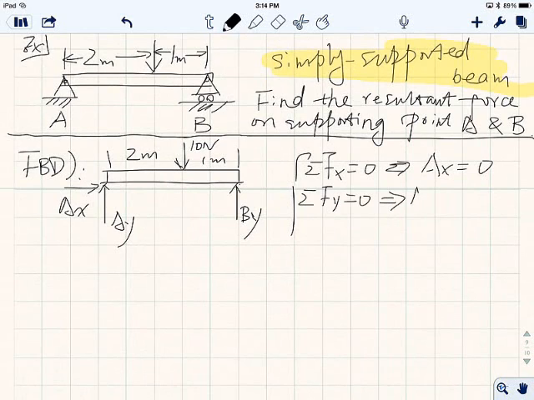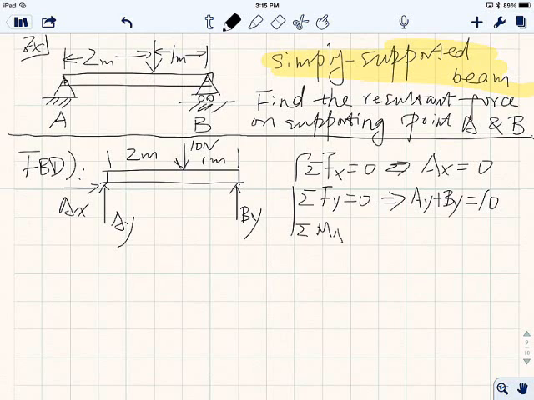Therefore, we know AY plus BY should equal 10, because AY and BY are going up and 10 newtons is going down. So these two added together should equal 10, right? And there are 2 unknowns, AY and BY, so we need one more equation.